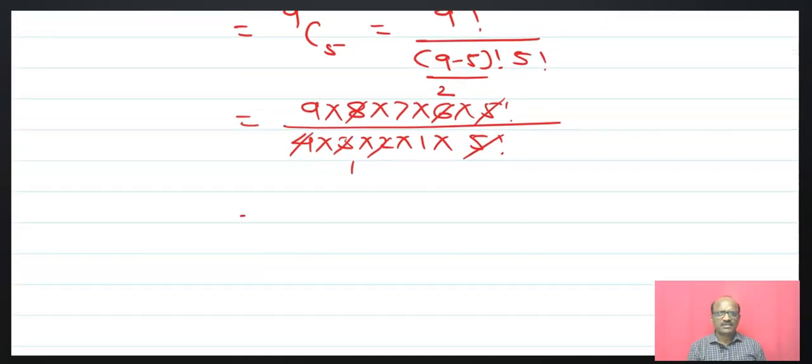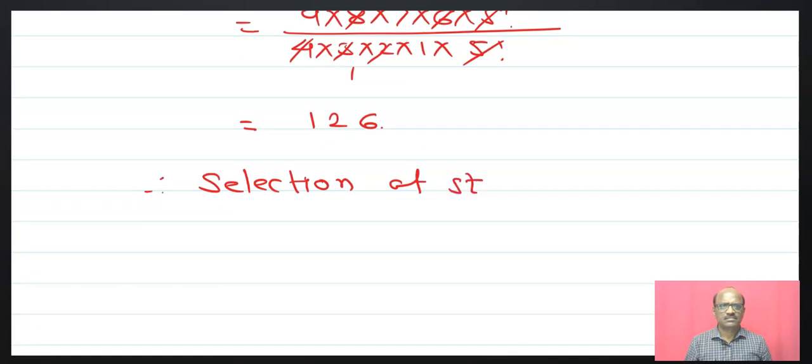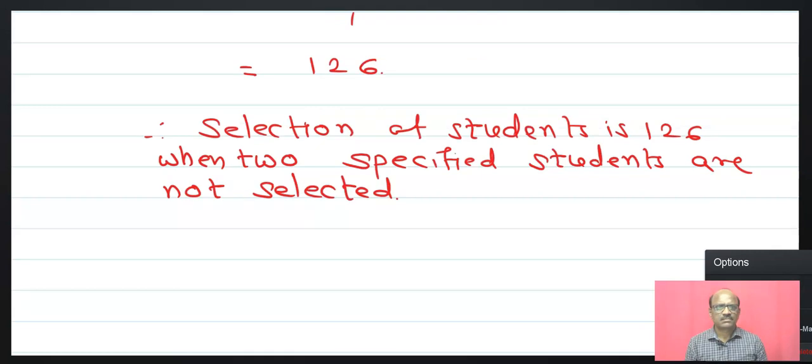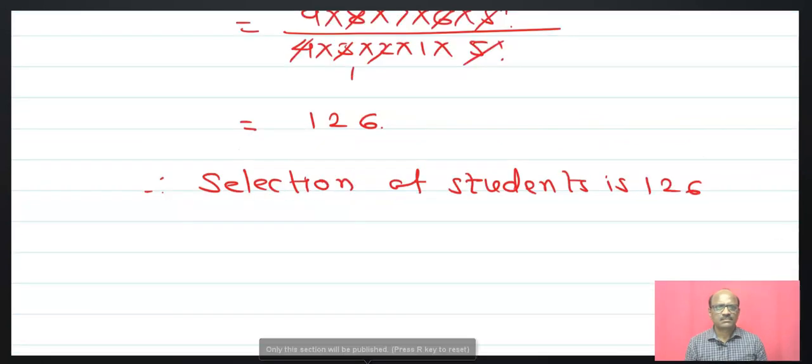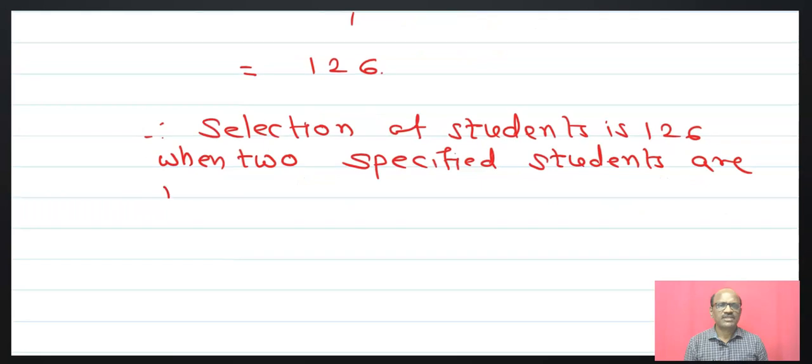Therefore, you will get 126. That is the selection of students is 126 when two specified students are not selected.